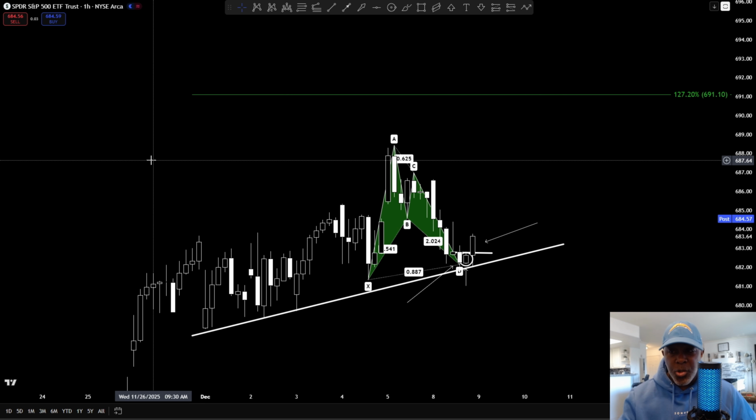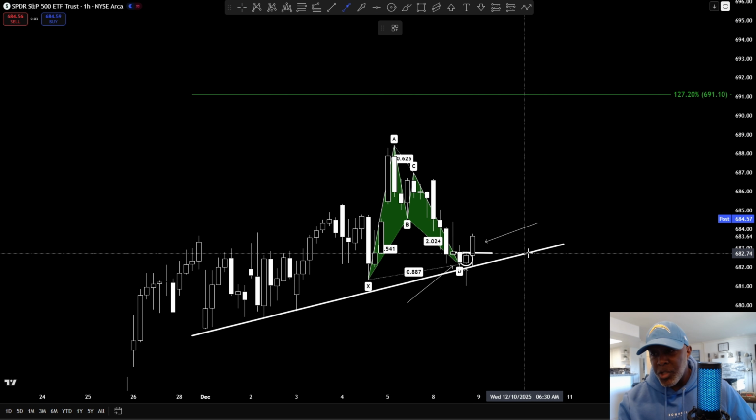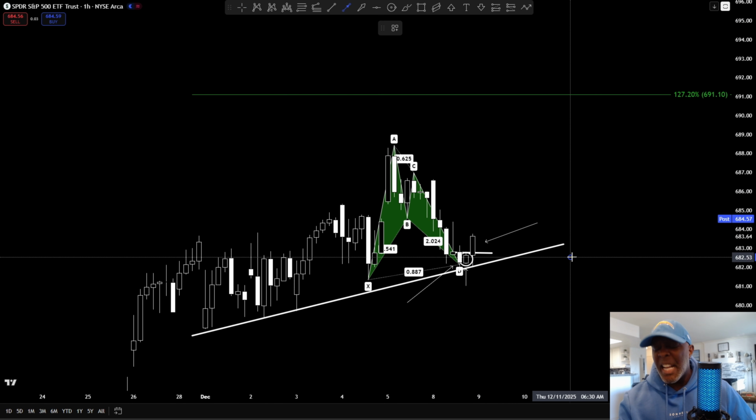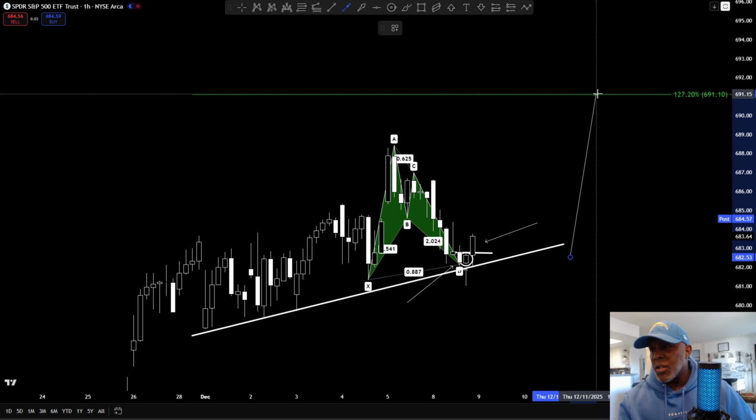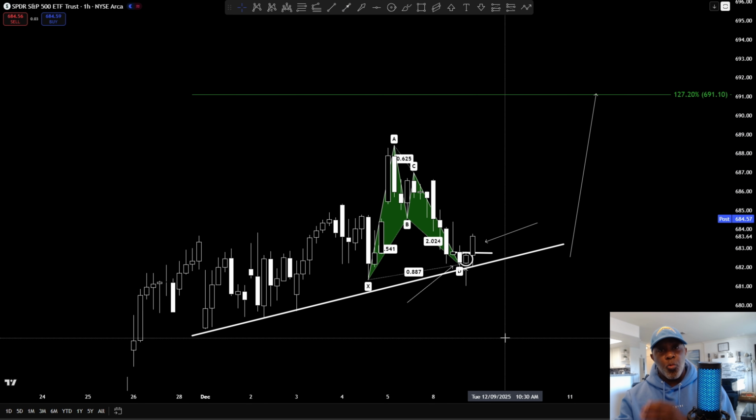So $691. That is not a trade signal. That is not a projection. It's not a prediction. I'm not saying that SPY is going to go to $691, but technically that's what's on the chart. All I can do is respect that and understand the way that I view the market and how the market moves.